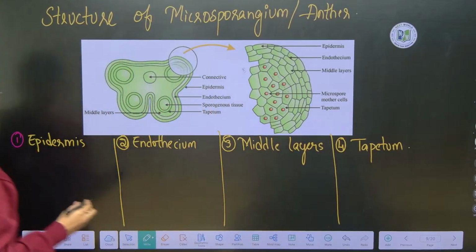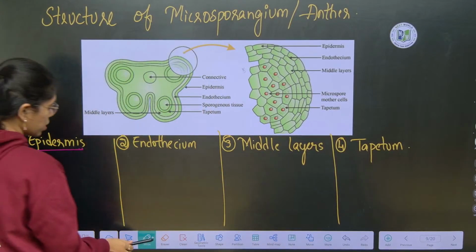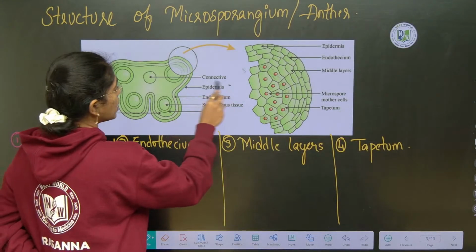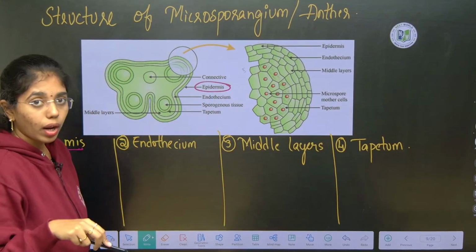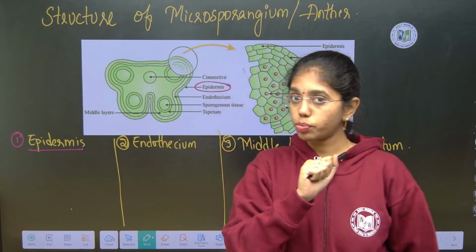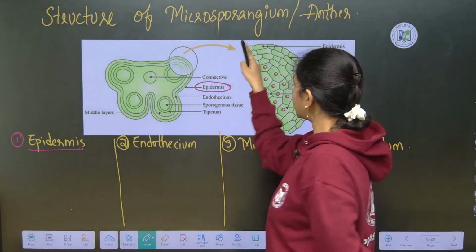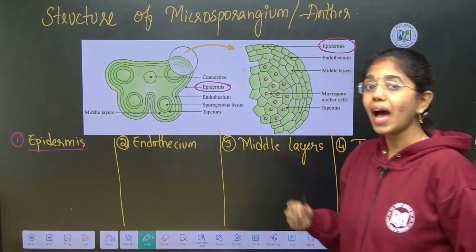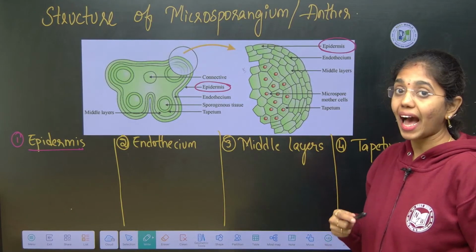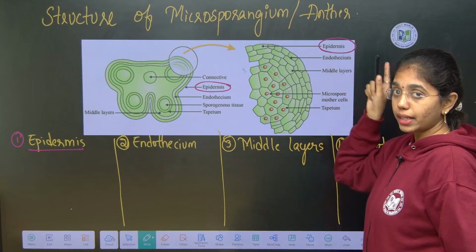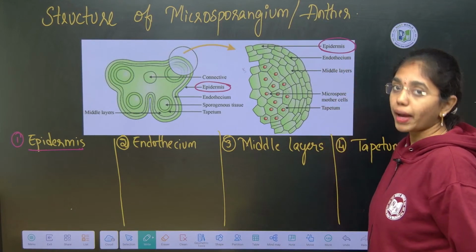Fine, right. So, first is epidermis. Epidermis is the outer wall layer. It is made up of parenchymatous tissue. There are no intercellular spaces. It is uniseriate, single layered. In Arceuthobium, the anther wall layer, that is epidermis, also has some fibrous thickenings.